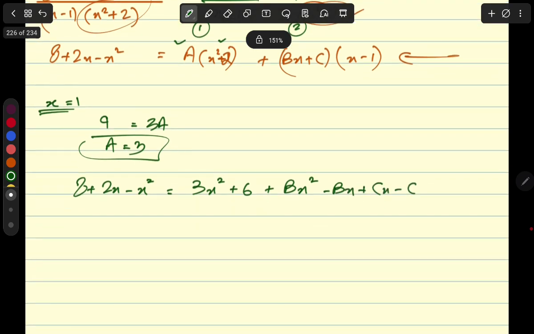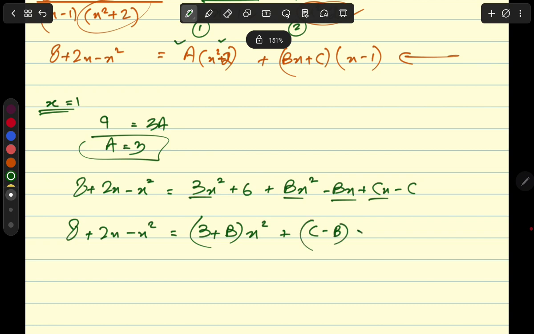Let's collect the like terms, and then we are going to make a comparison. So this becomes 8 plus 2x minus x squared is equal to 3 plus b times x squared, plus c minus b times x, and then the last one is going to be 6 minus c.